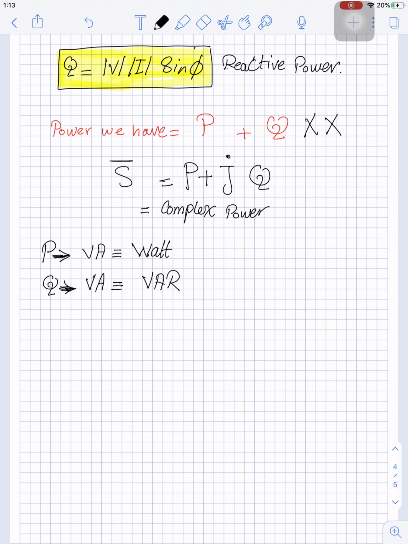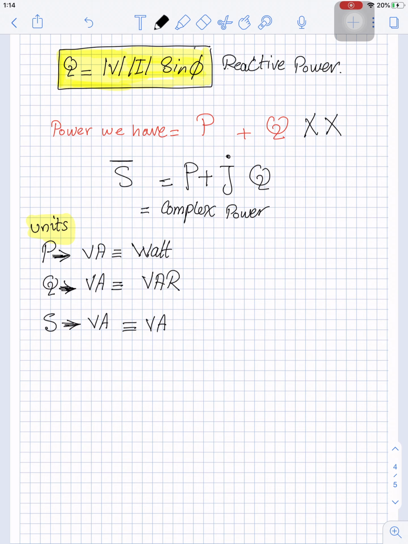So VAR is only used with Q. For S, we keep the unit volt ampere. So what are the units we use for the different types of powers? We use volt ampere for S, we use VAR for Q, and we use watt for P, or the active component.